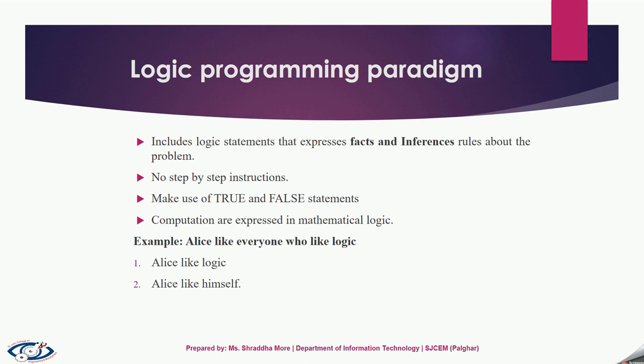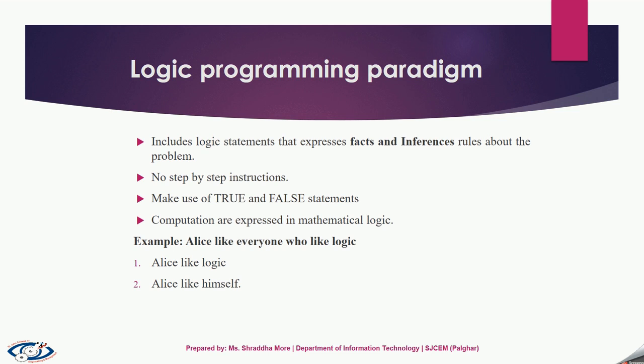The next type of paradigm is the logic programming paradigm, which includes logic statements that express facts and inference rules about the problem. There is no step-by-step instruction needed for performing any task. It makes use of true and false logical statements.